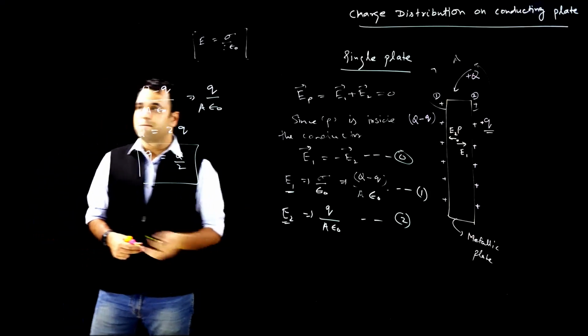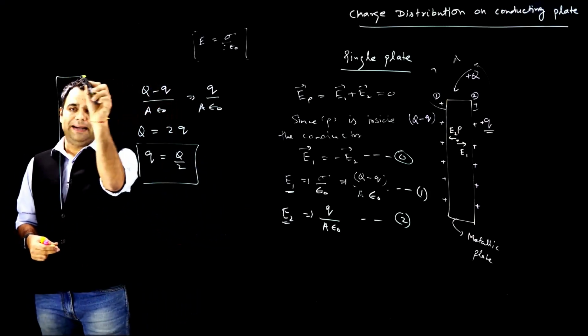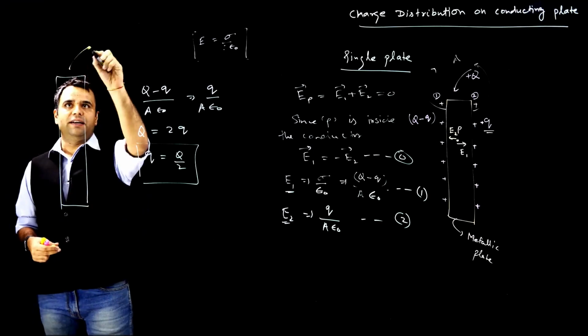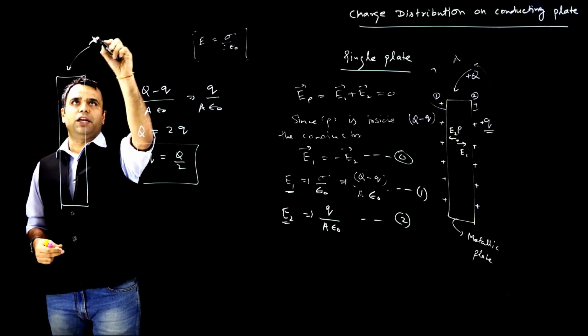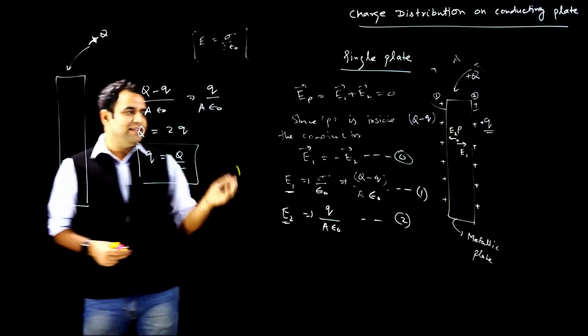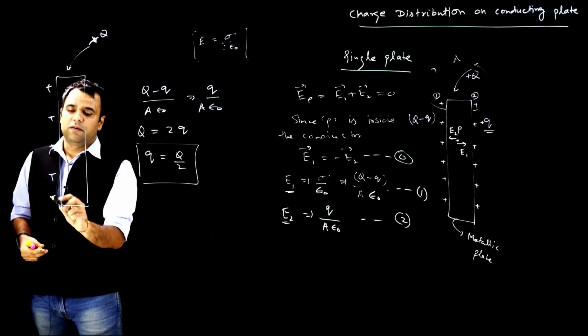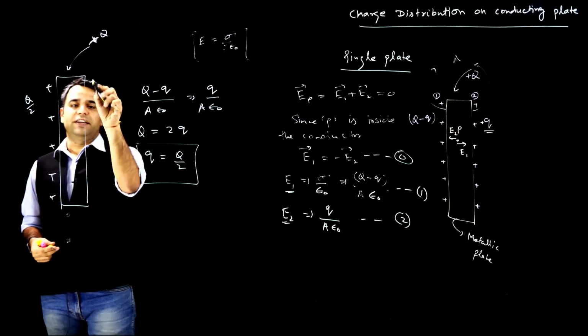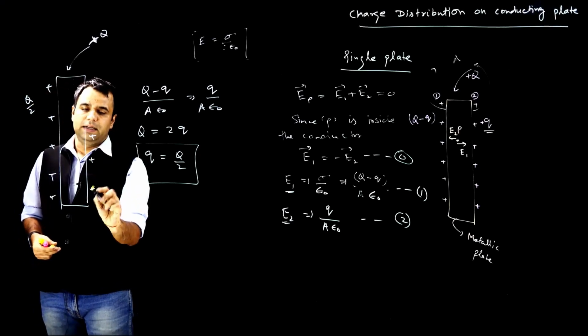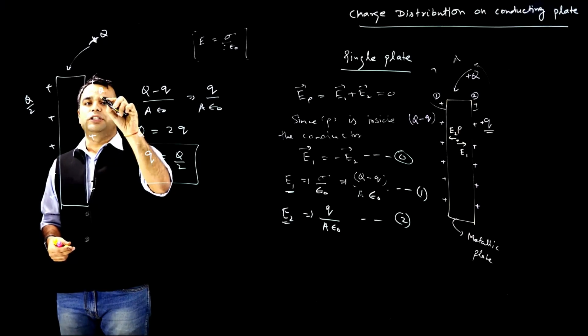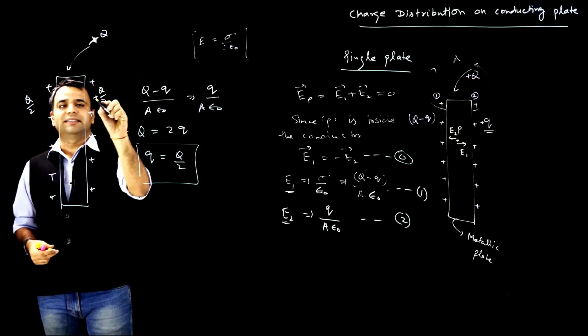So if I have a metallic plate and I give it capital Q charge, what we are seeing here is that half of the charge will go on one side and the remaining half will go on the other side. It's not that this only happens with positive charge. Even with a negative charge, the same thing will happen.